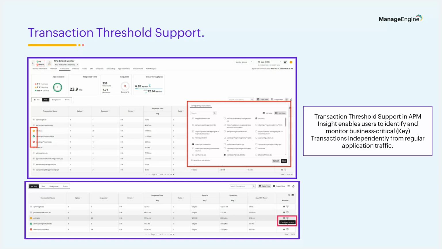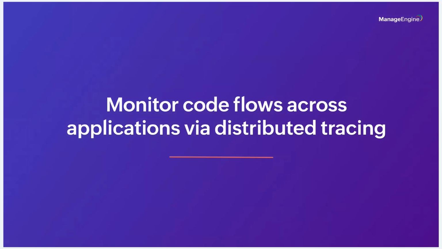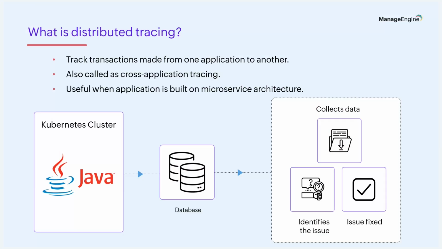So now let's see how to monitor the code flows across the applications via distributed tracing. In a microservices architecture, it is necessary to monitor the transactions made between two or more applications or services.